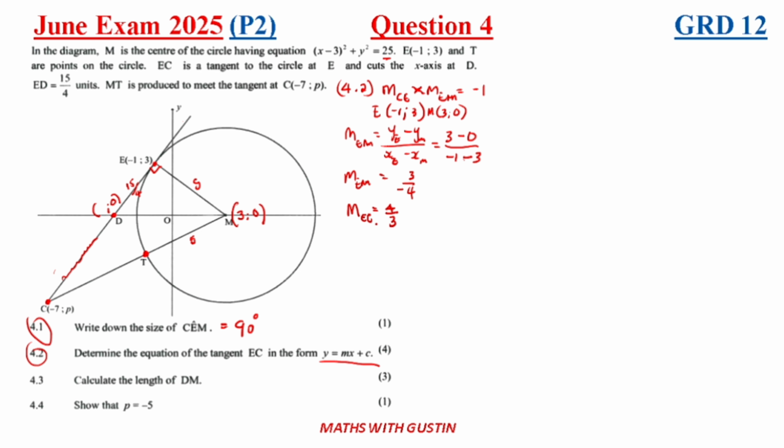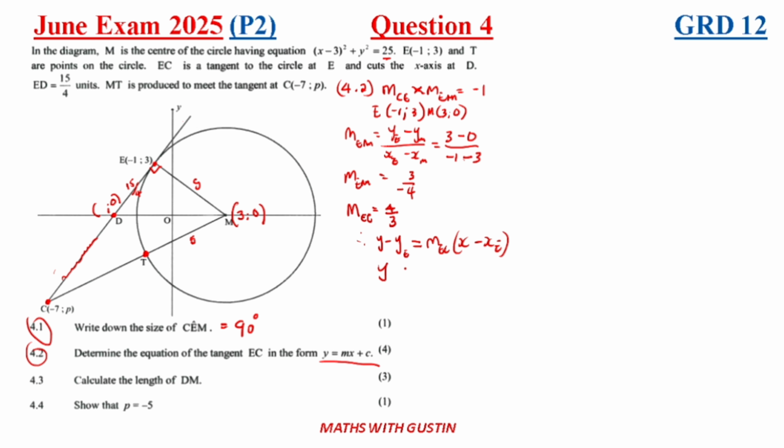Okay, so that's the gradient of the line, it should be 4/3. So therefore with that we can come here and substitute any point into our equation. In this case we're going to use point E with the gradient of EC to be able to get the equation thereof. Okay, great stuff.